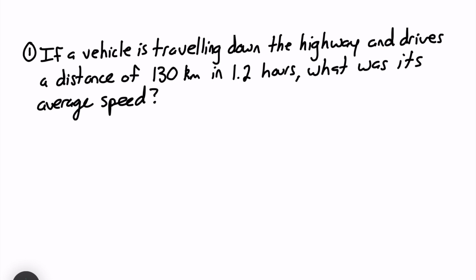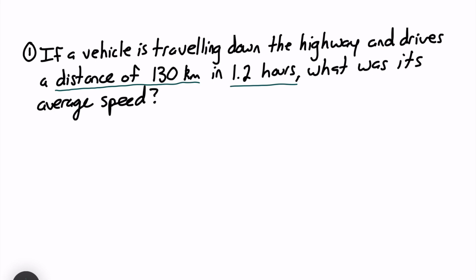Number one, it says, if a vehicle is traveling down the highway and drives a distance of 130 kilometers in 1.2 hours, what was its average speed? First things first, let's write down exactly what we know from the question. We know the distance, and we also know the time.